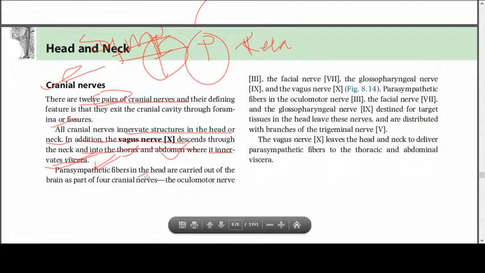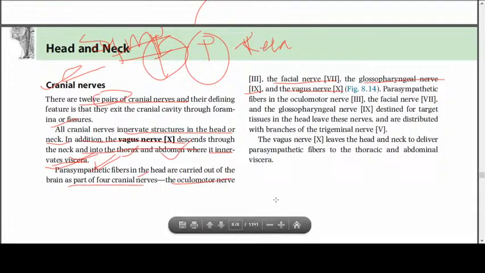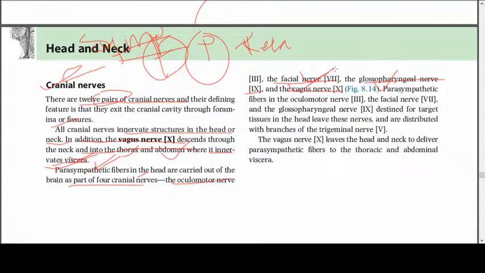Parasympathetic fibers in the head are carried out of the brain as a part of cranial nerves. The oculomotor nerve, nerve 3, the facial nerve, the glossopharyngeal nerve, and the vagus nerve act as the parasympathetic nervous system. Let's see it again: oculomotor nerve number 3, facial nerve number 7, glossopharyngeal nerve number 9, and vagus nerve number 10.